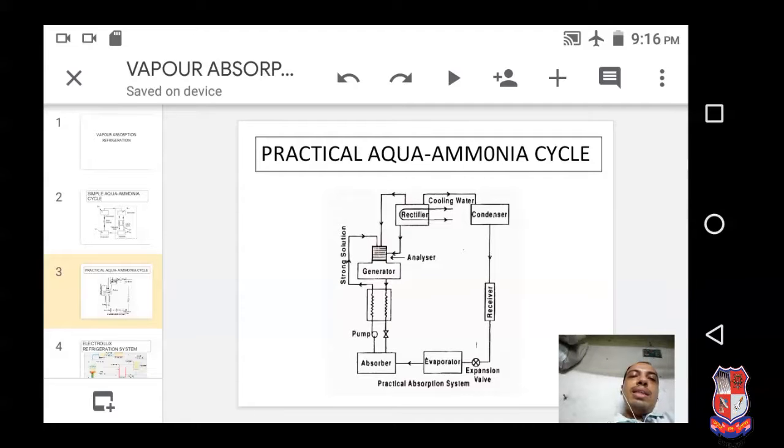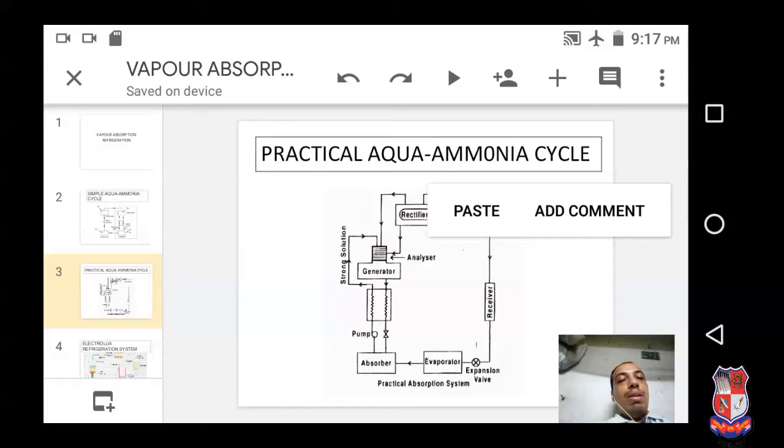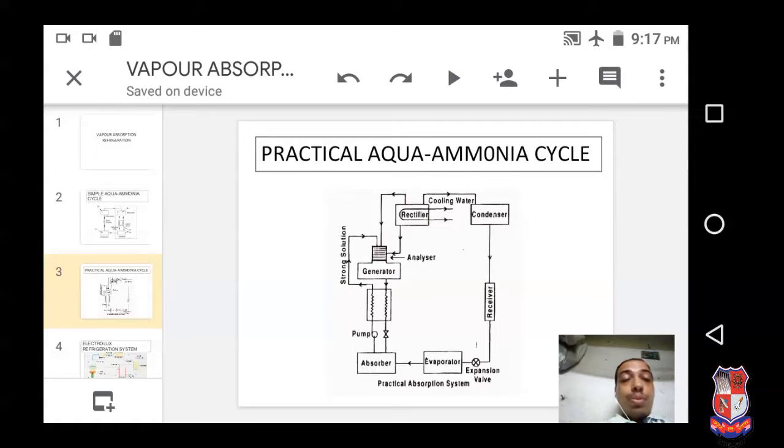Now at the analyzer and generator outlet, high pressure high temperature vapor ammonia and the strong solution undergo heat exchanging. During this heat exchanging, some particles of water vapor will be condensed out due to the perforated tray type of mechanism, and any water vapor that is still not separated during this process will be separated out in the rectifier by the cooling process.